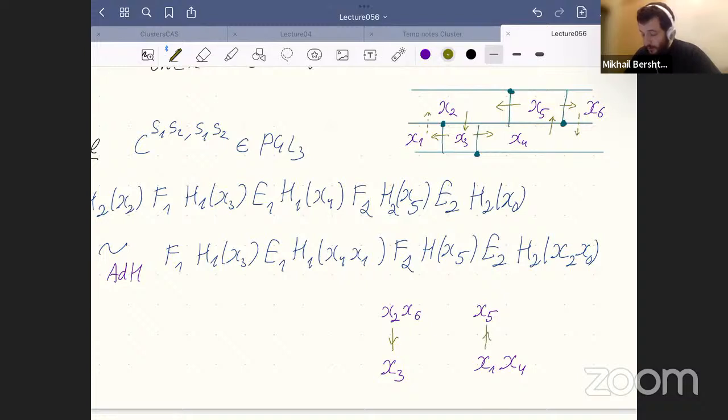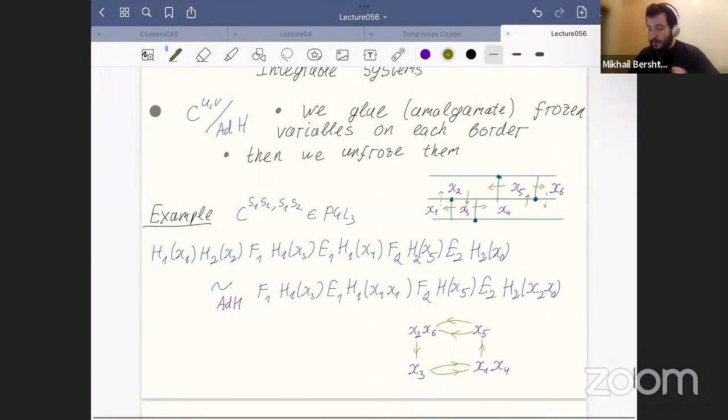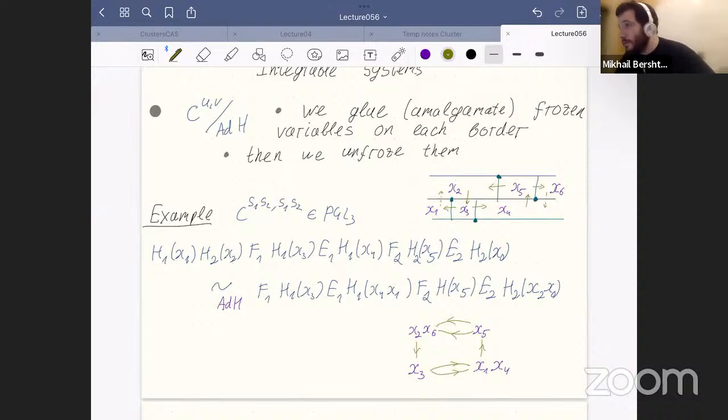How many arrows do we get from x3 to x1, x4? We had one arrow here and one arrow here. So after the gluing, we will actually have two arrows in opposite direction. Here we also have two arrows. And no more frozen variables, everything is done.